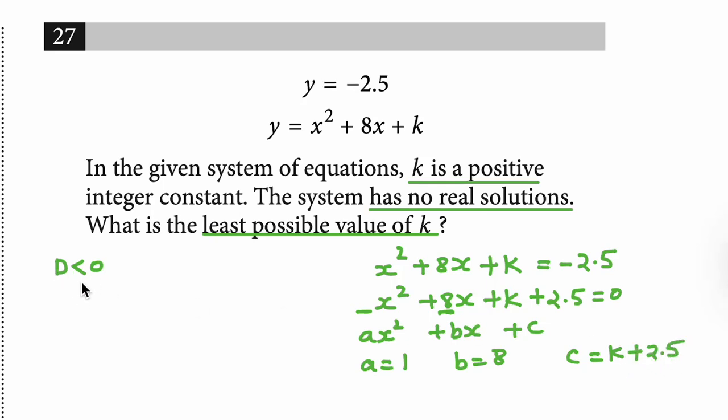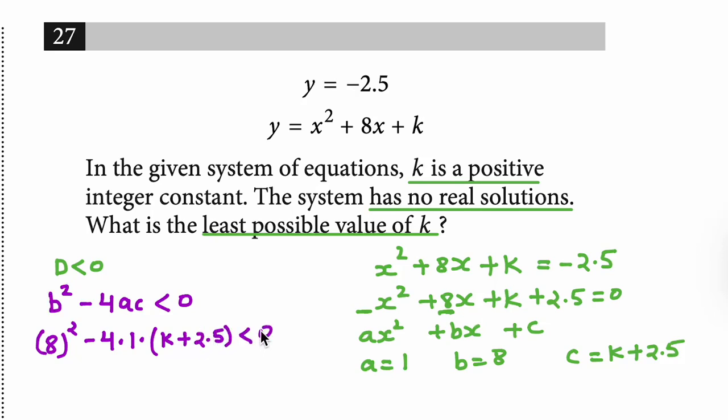Now we have to apply D is smaller than 0. What is D? b² - 4ac has to be less than 0. So b is 8, 8 squared minus 4 times a is 1 times c is k + 2.5. It has to be less than 0.